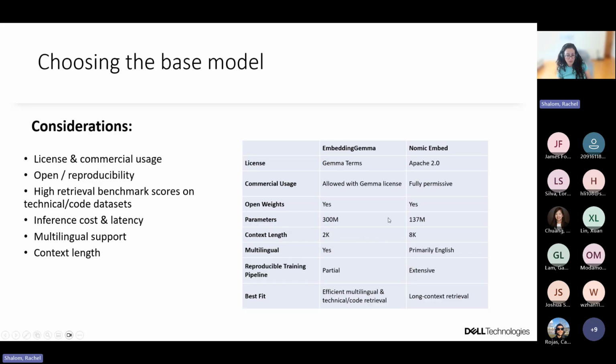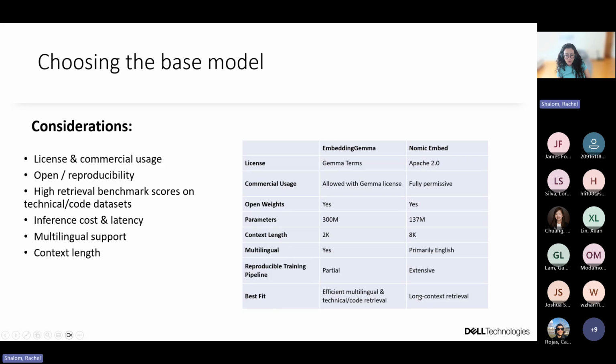Both of them are tiny models, so that was fine. EmbeddingGemma, in terms of context, was smaller than Nomic Embed, and it also supported more than one language. Nomic Embed, as I said, was extraordinary in reproducibility, and EmbeddingGemma wasn't that much.